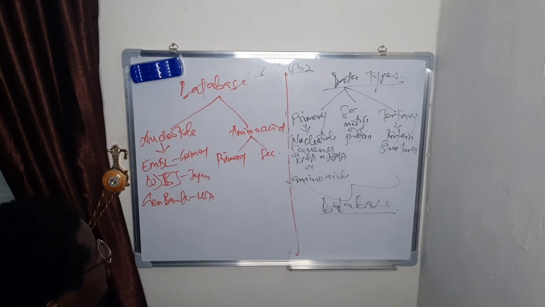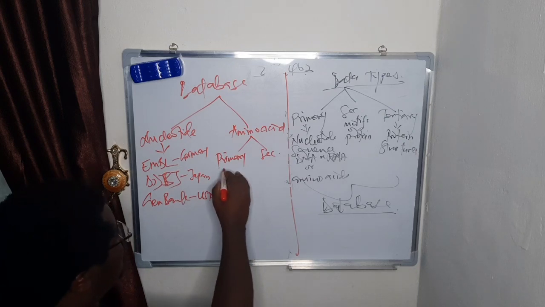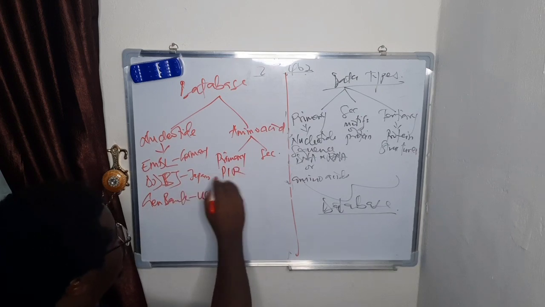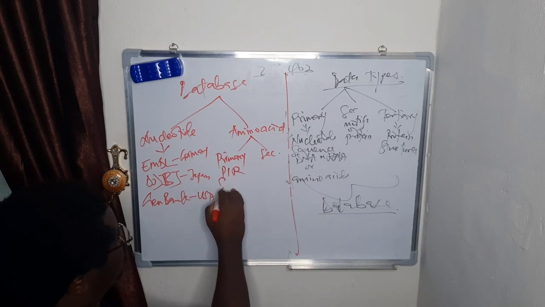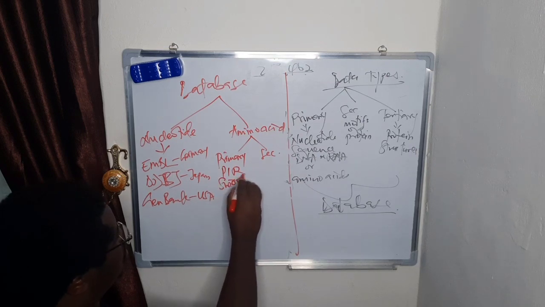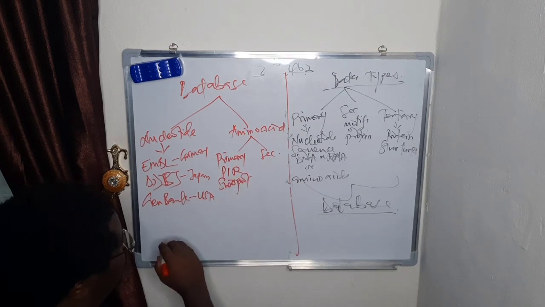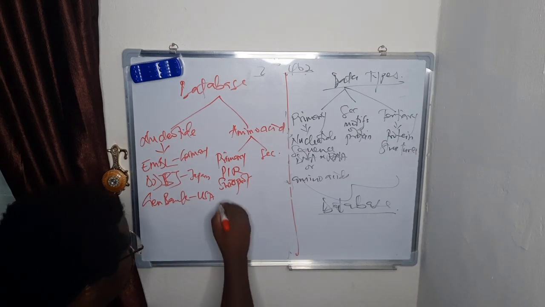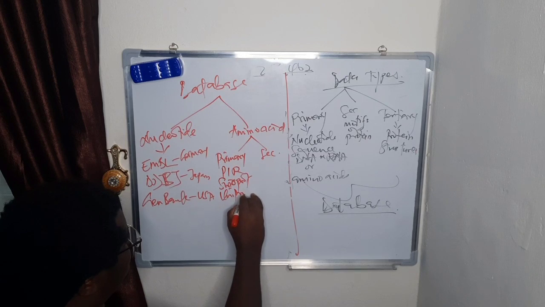Now for the amino acid, the primary ones, we have PIR, Protein Information Resource, you have Swiss-Prot, and you have UniProt.